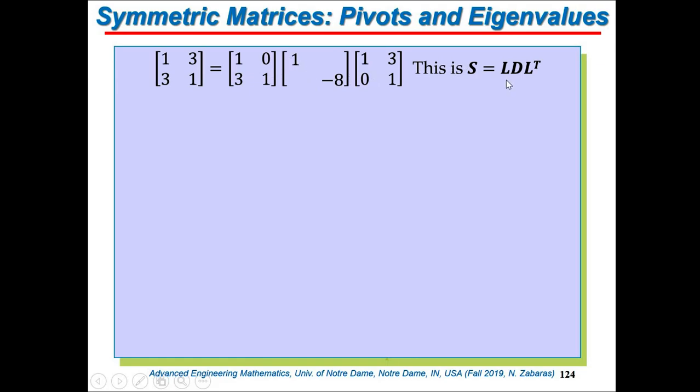From the matrix U, I split it into a diagonal matrix with its pivots, 1 and -8, and then this lower triangular matrix L and L transpose as you see here. So in this problem, the pivots are 1 and -8, so one of the pivots is positive and one of the pivots is negative.